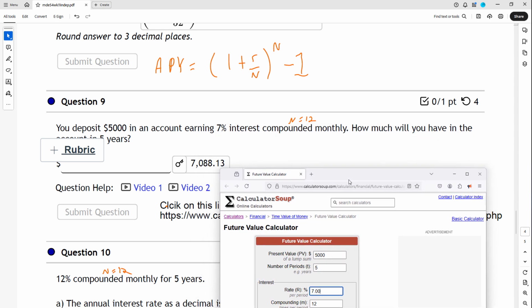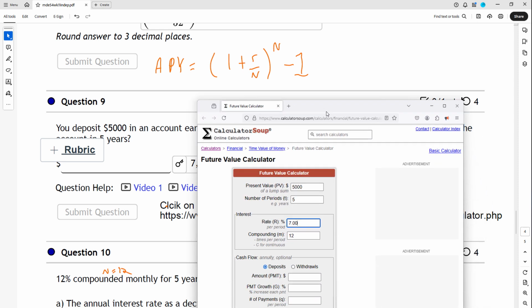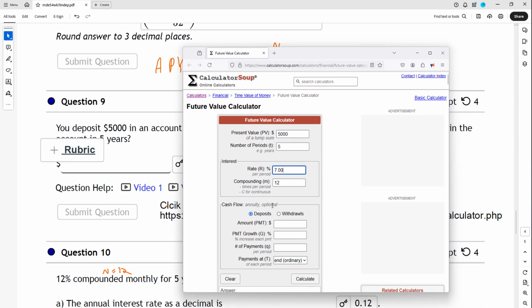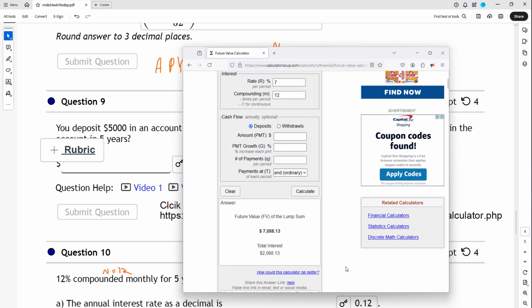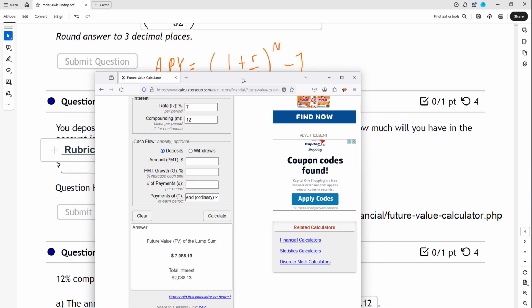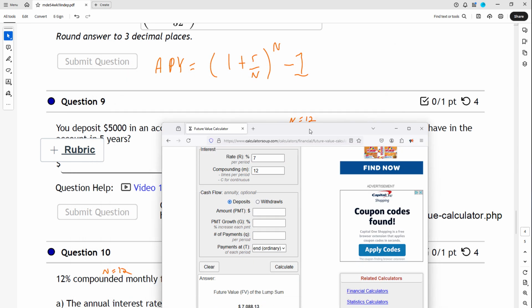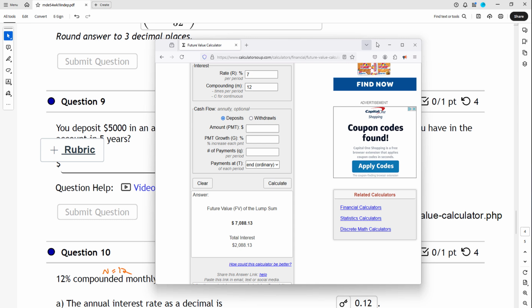And it should be $7,088. And that's what they have there, $7,088.13. And that's what they have there. And that's number 9.